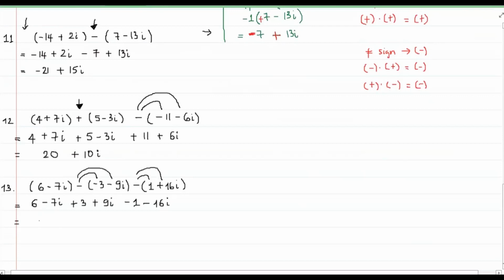Combine like terms. 6 add 3 is 9, minus 1 is 8. Negative 7i plus 9i is 2i. 2i minus 16i is minus 14i.